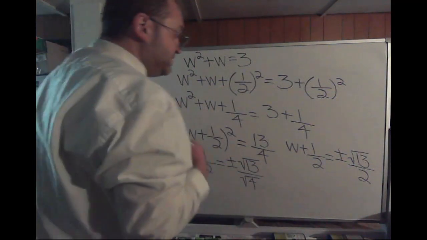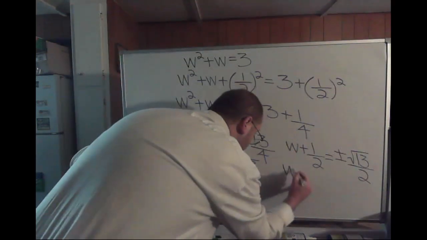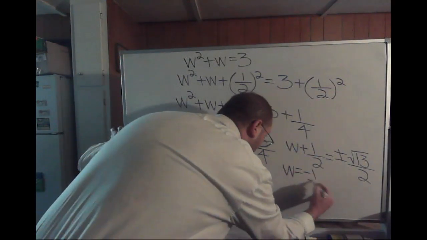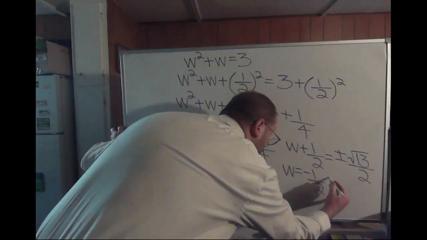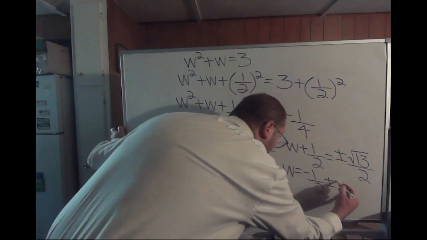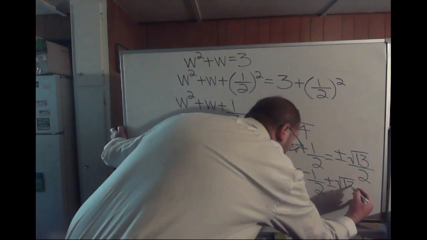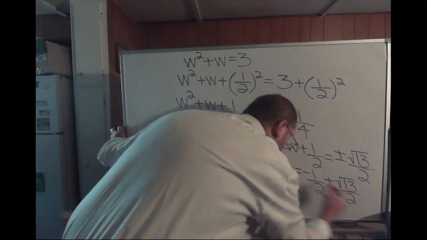Well, we're almost there. w is going to equal negative 1/2 plus and minus the square root of 13 over 2.